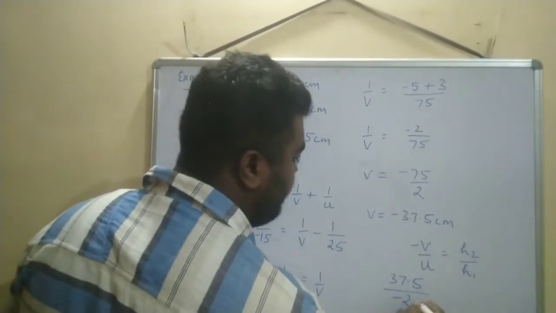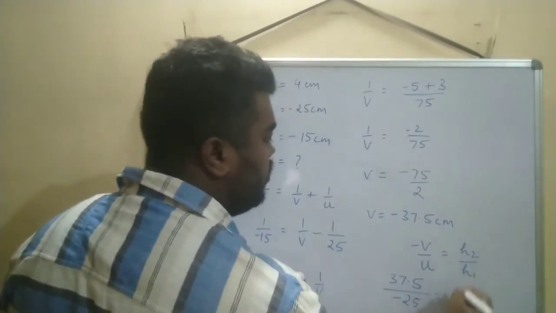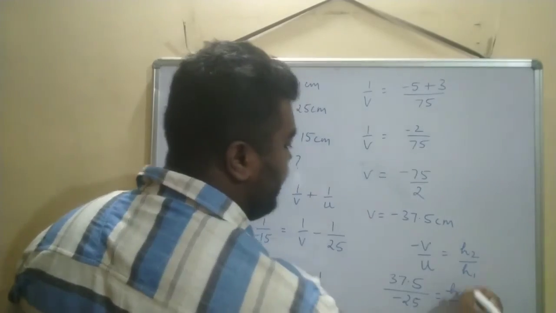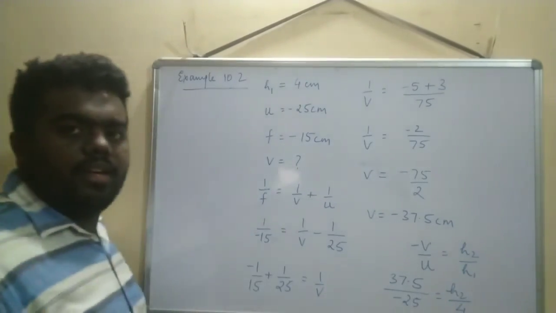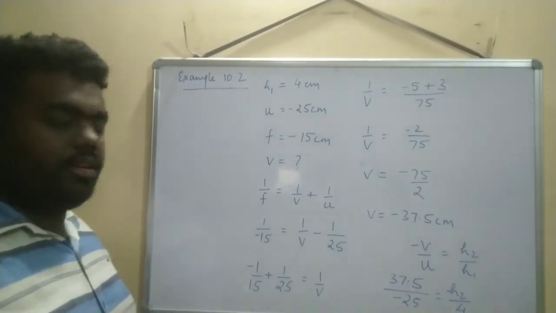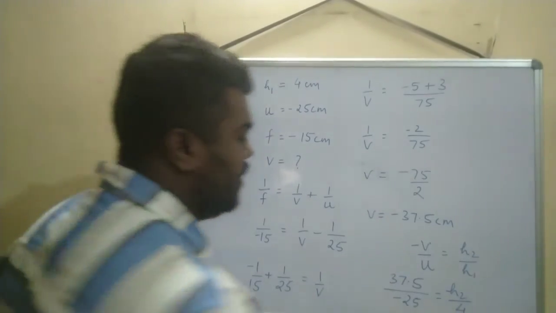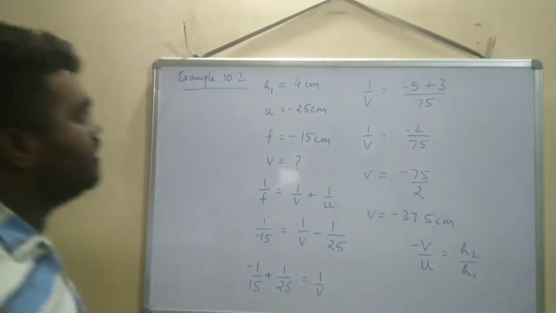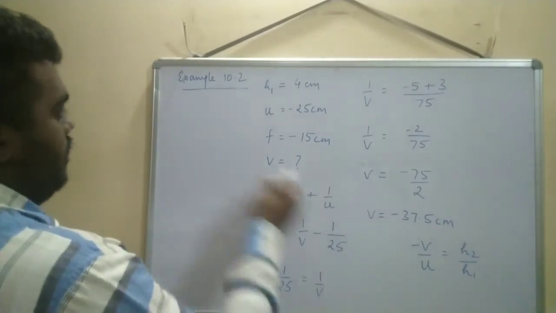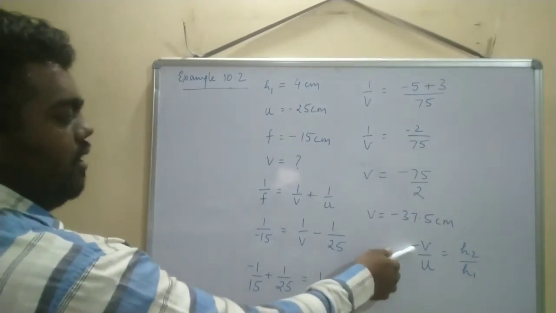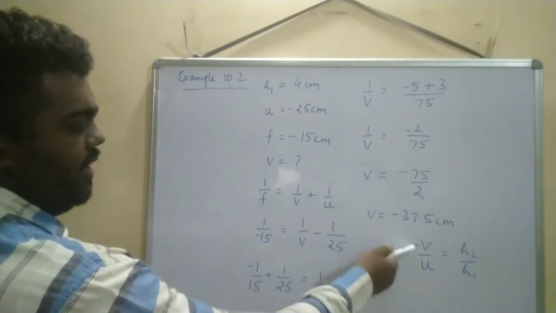Minus 25 is equal to h2, which is required, and h1 is given as 4. So this minus and this minus will get cancelled.